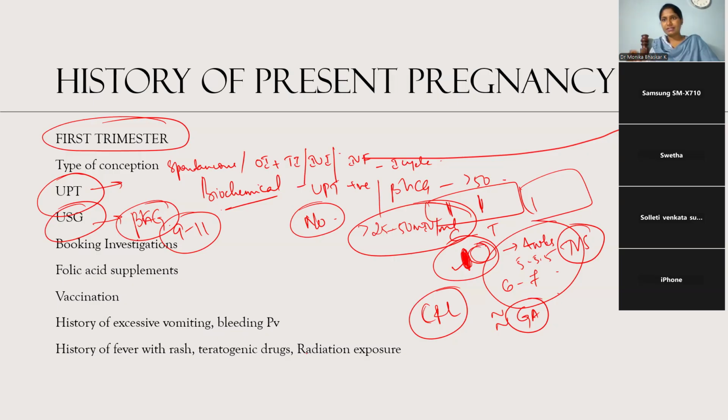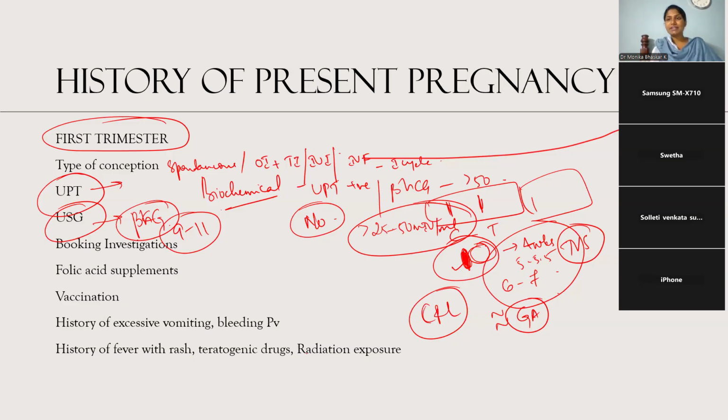There's a table in Williams which beautifully tells the gestational age, what parameter you have to consider to date the pregnancy, and what is the threshold value of the discrepancy between the LMP expected date of delivery and the scan expected date of delivery, and when you have to take the scan expected date of delivery.